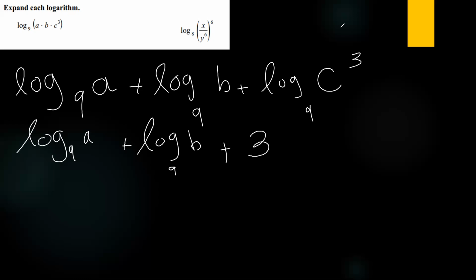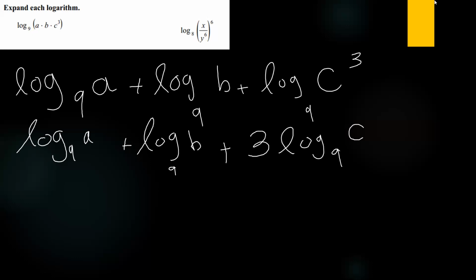It will be 3 multiplied by the logarithm to the base 9 of c. So if I want to expand logarithm to the base 9 of a times b times c cubed, it comes like logarithm to the base 9 of a plus the logarithm to the base 9 of b plus 3 logarithm to the base 9 of c.